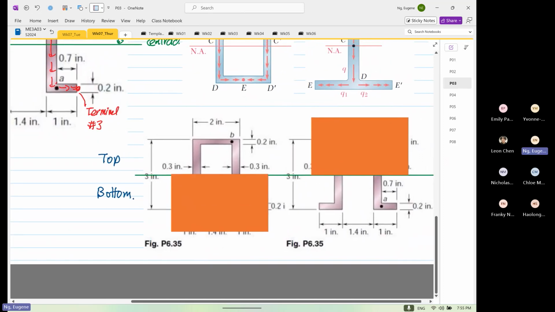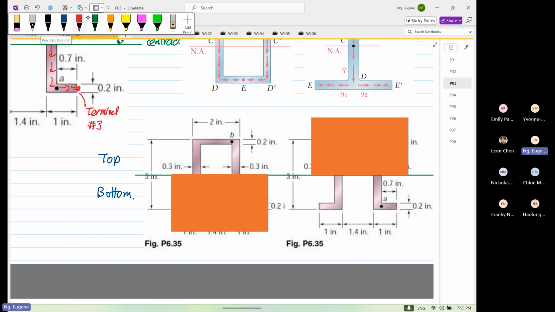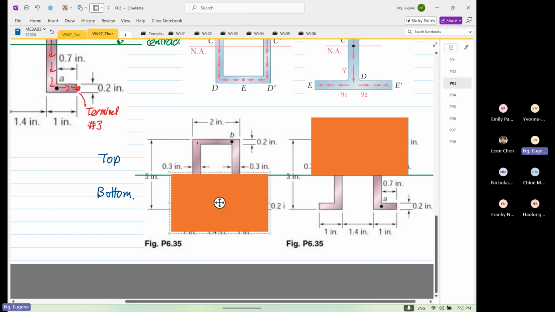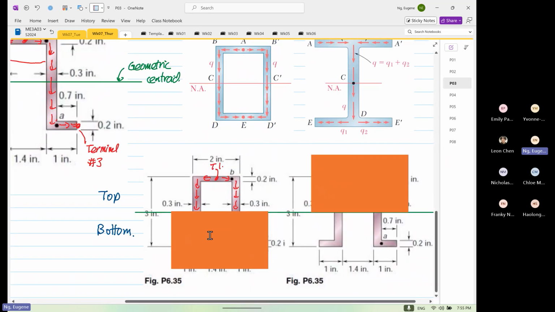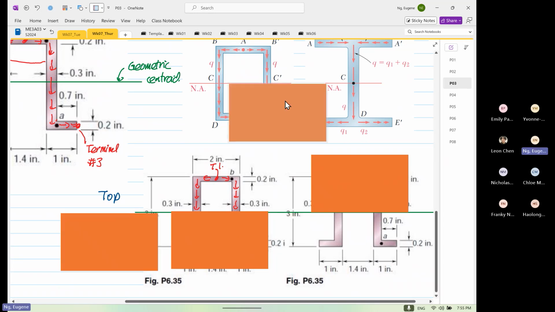When we look at the top, when we design our shear flow, it looks like this. And over here, this is our terminal 1. And if I were to also cover the bottom, right?